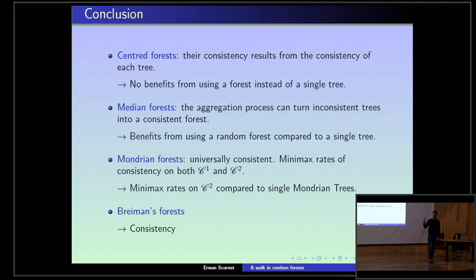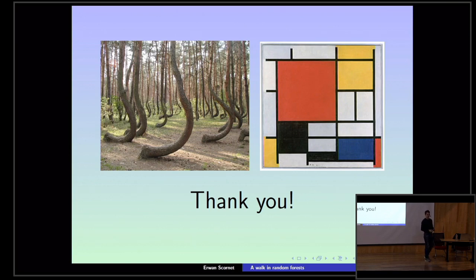And for Mondrian forest, you have a benefit comparing the rate of consistency for twice differentiable functions. A Mondrian tree is not optimal, but the forest is. So for median forest we looked at the limit, the consistency, and for Mondrian forest, we look at the rate of consistency. So this would be the conclusion, and I didn't present a result on the consistency of the original algorithm, but we have also this one. Thank you very much.